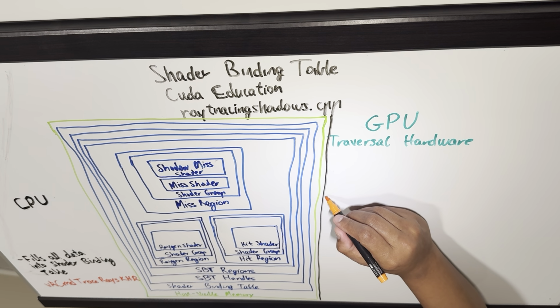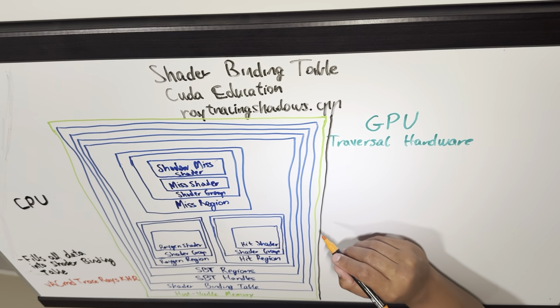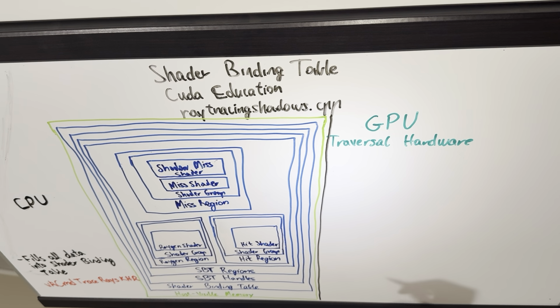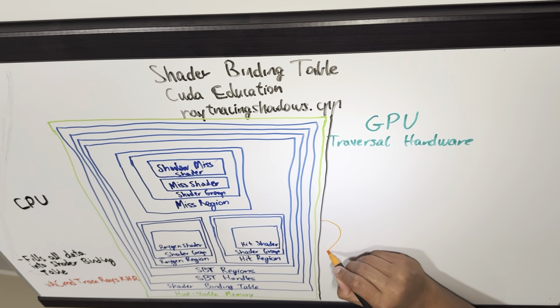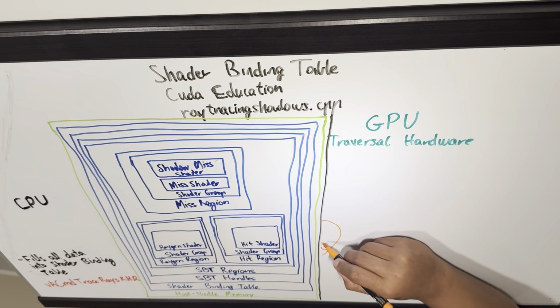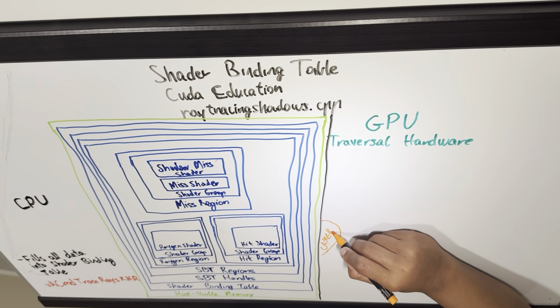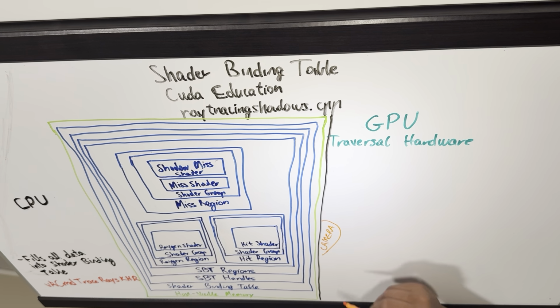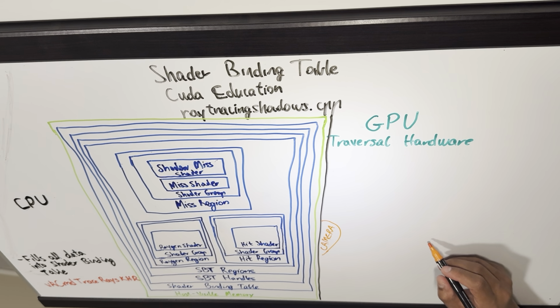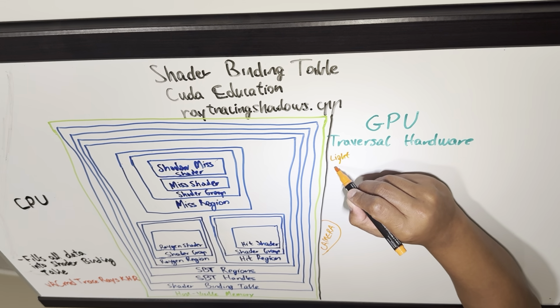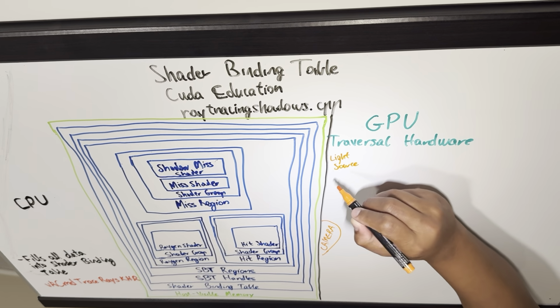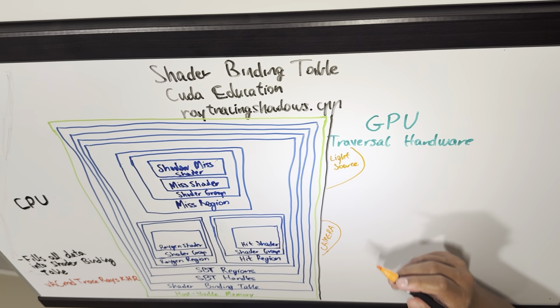So we have our camera, and I gotta be very concise with this. So we have our camera, right? This is the camera. We have a light source, right?